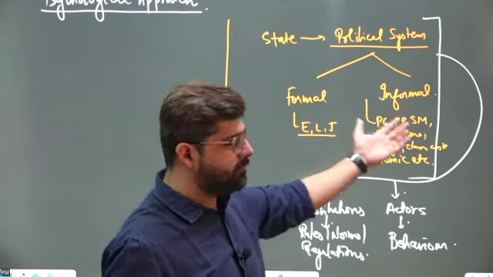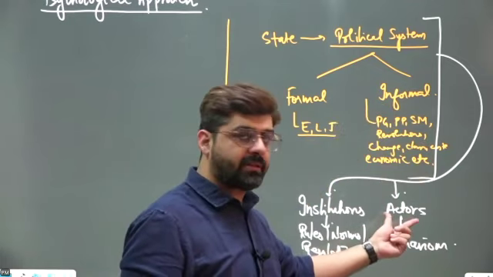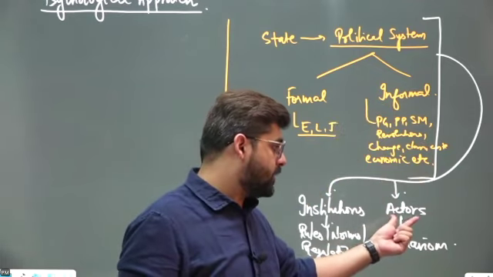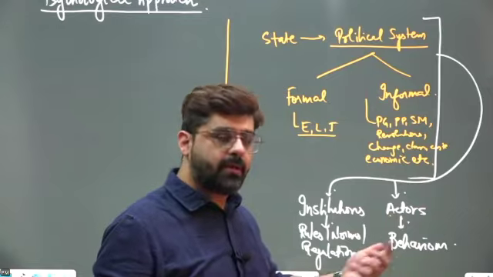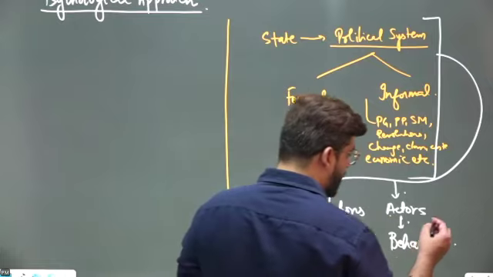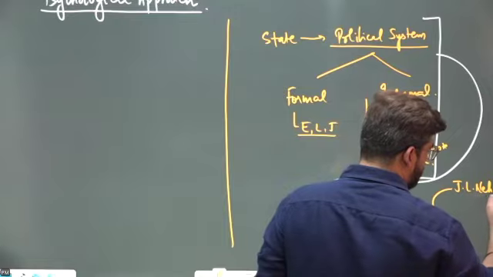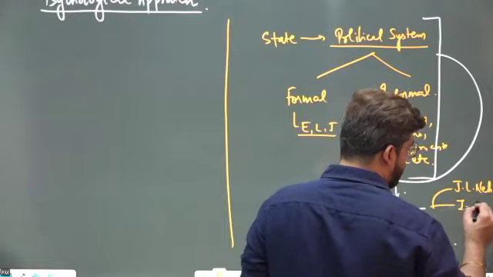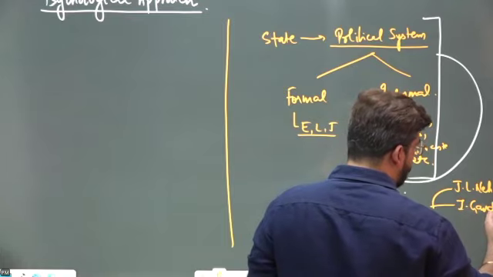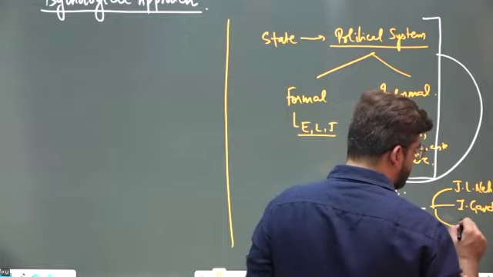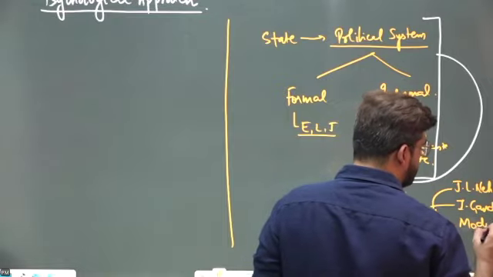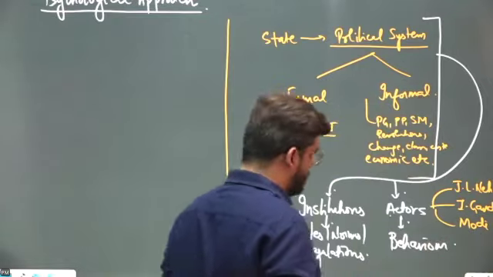Now we have come to the informal part, in which the analysis of actors also comes, because actors exhibit behavior. So we will need to analyze the underlying ideas which motivate different leaders.